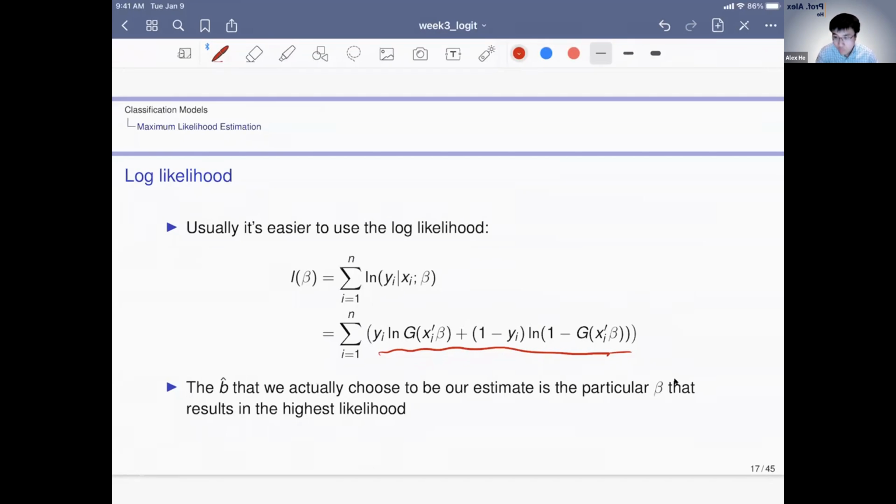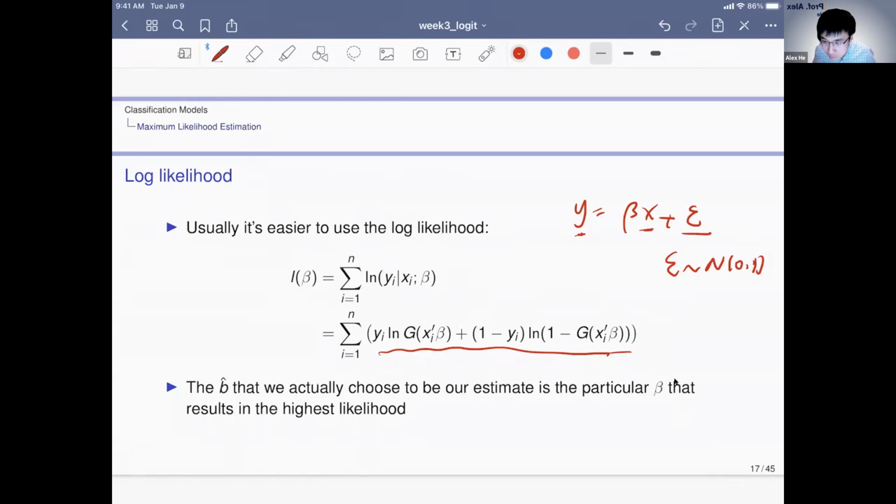So for example, for OLS, when you're doing linear regression, you can also calculate the likelihood. Okay. So you have the Y, you have beta X, and then you have an epsilon, right? And you can assume that epsilon is normally distributed. And then for each X and Y, you can also calculate the probability.